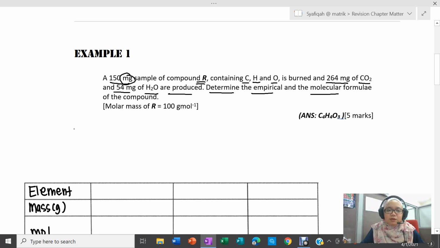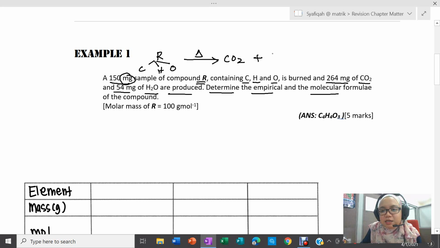Okay. So, dekat sini, dalam soalan ni, apa yang saya nak faham? R ni dia kata, okay, dia contain carbon, hydrogen, and oxygen. Okay, and then dia burn, dia akan dapat carbon dioxide plus water. So, dekat sini, you boleh cari mass of carbon from carbon dioxide and you boleh cari mass of hydrogen from water.